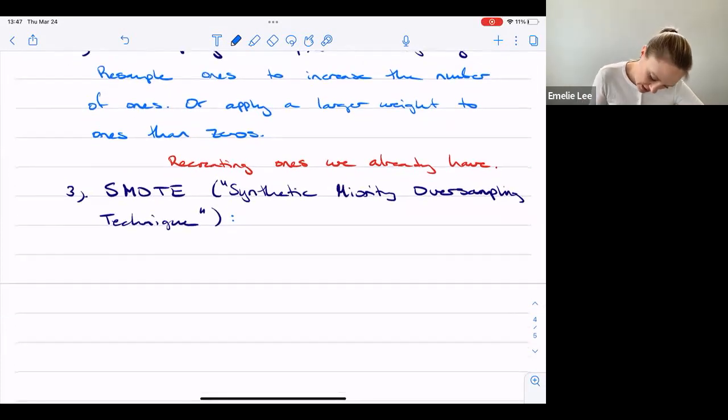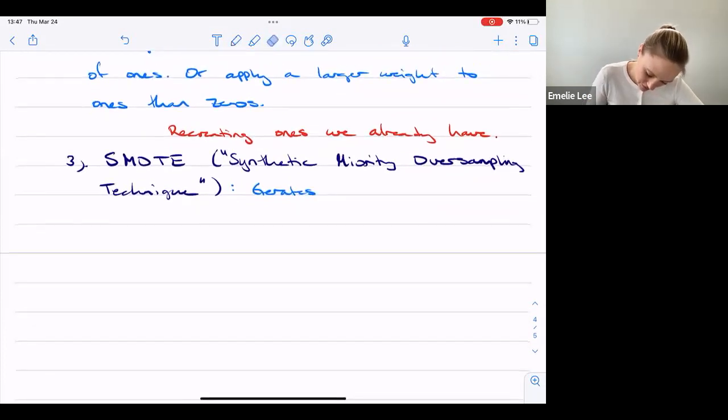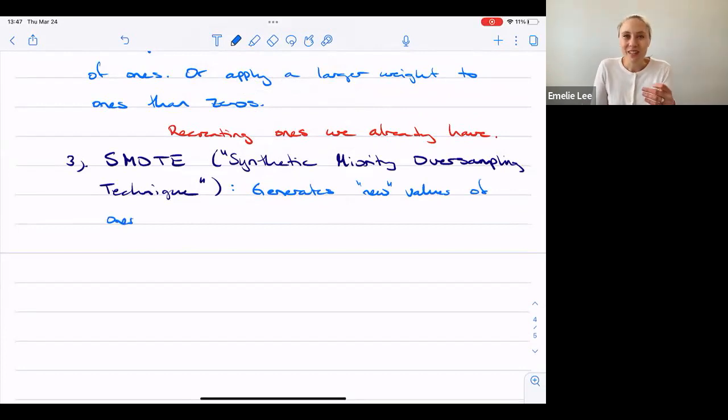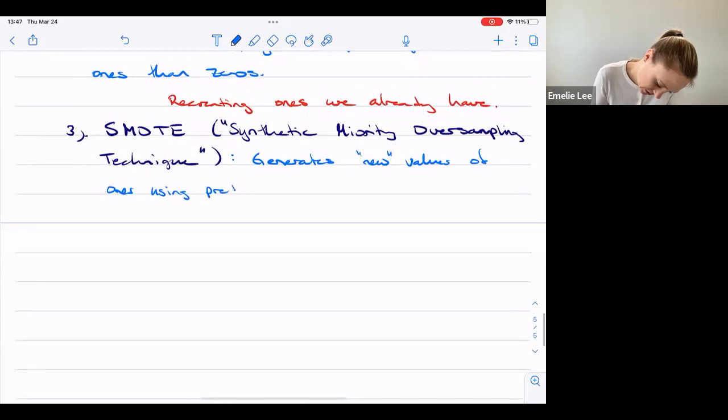It generates new values of ones using the predictors from existing ones.